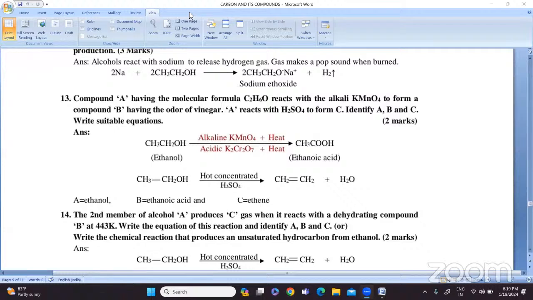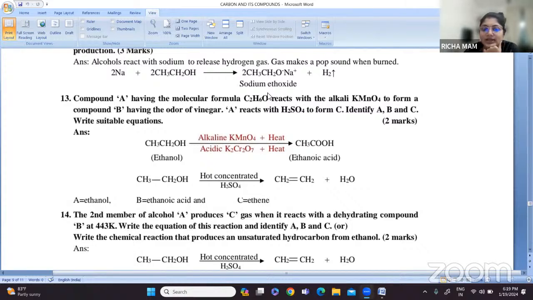This compound reacts with alkaline KMnO4, that is alkaline potassium permanganate, to form a compound B. And this compound B has the odor of vinegar.